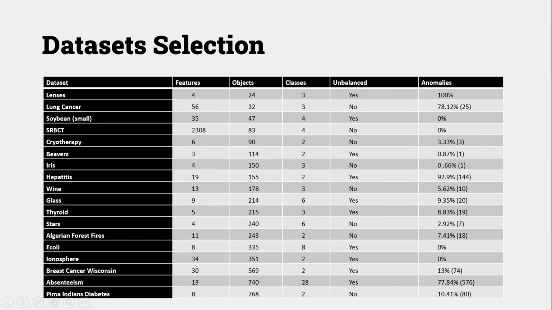The structure of the data that is used is shown in this table, 18 different sets in ascending order.